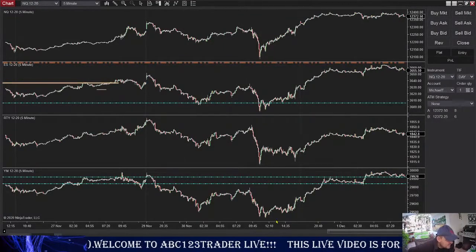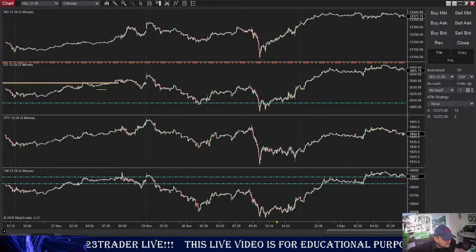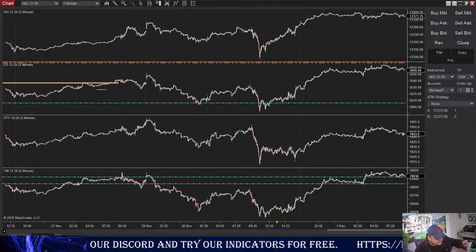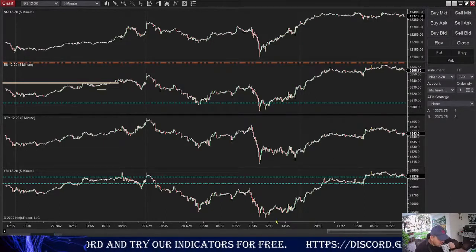Okay, guys, I don't care what you guys trade. I'm trying to teach you guys the ES, and I'm trying to teach myself the ES because I usually trade the NQ. But if you notice, these are supposed to be four different markets, so why are they performing the same way?